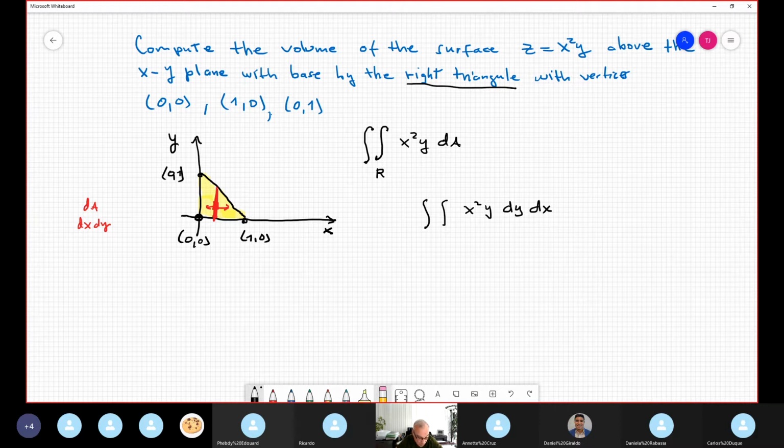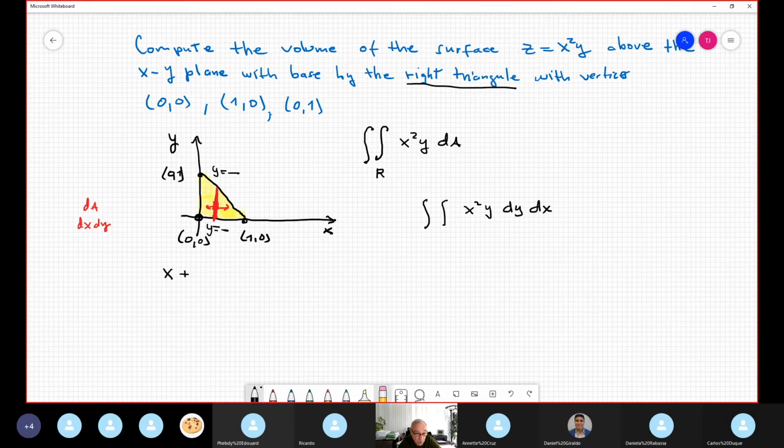So I go to the 0, okay, this y is equal to something, and this y is equal to something. But it's obvious that the upper limit is not a number, it's an equation, because it's the equation of this line. By the way, the equation for this line is no secret.